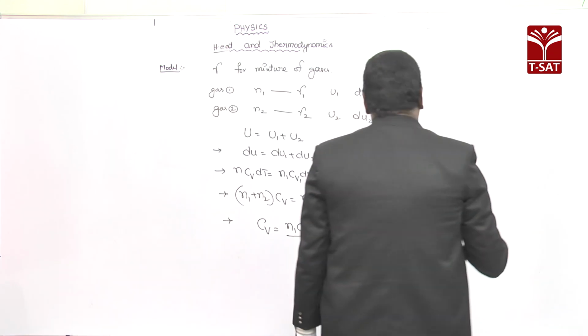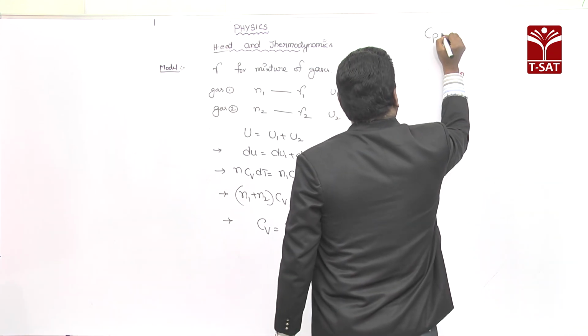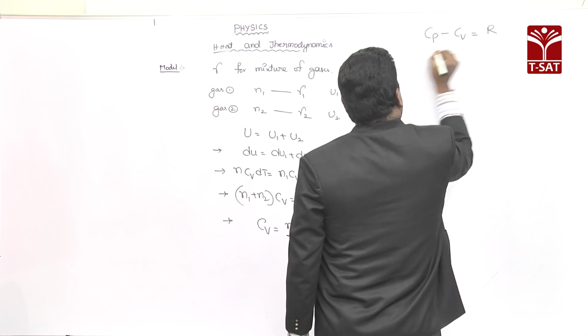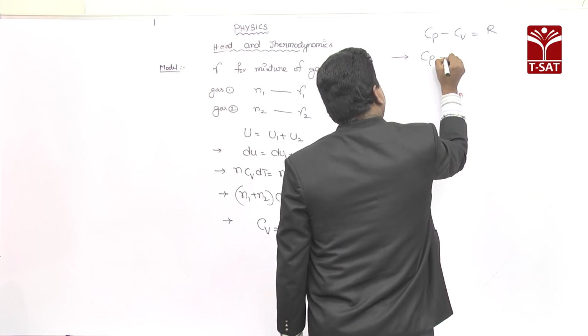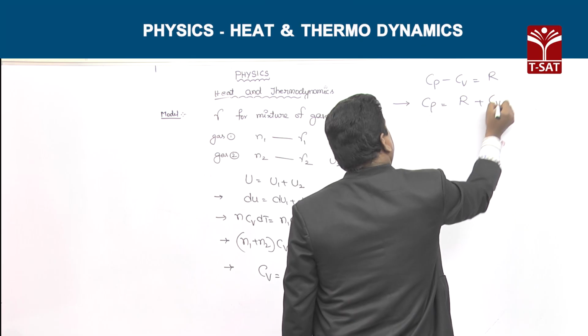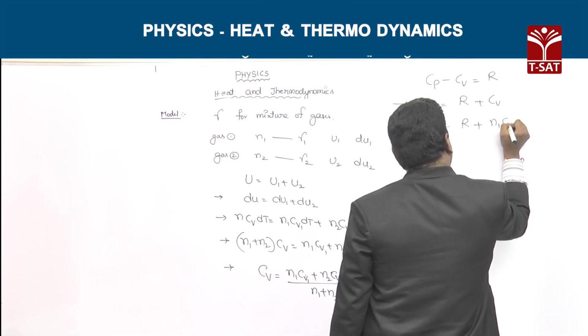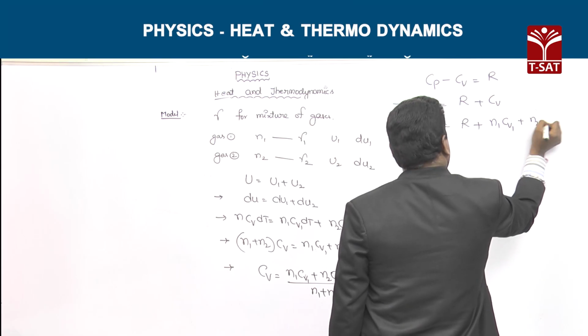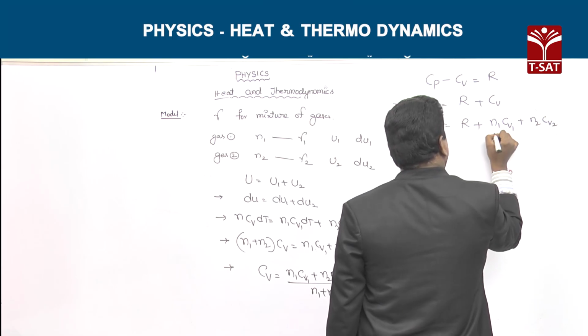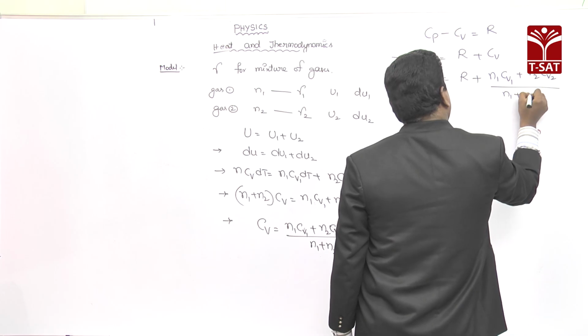Now, we require Cp, but we know Cp minus Cv equals R, which implies Cp is equal to R plus Cv, R plus n1 Cv1 plus n2 Cv2 by n1 plus n2.